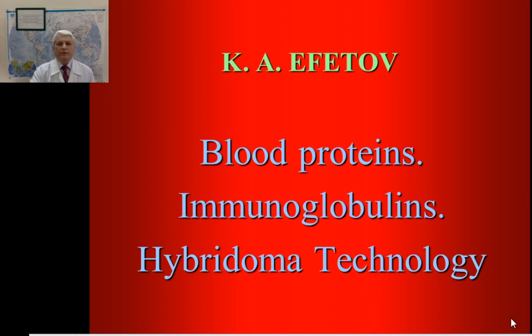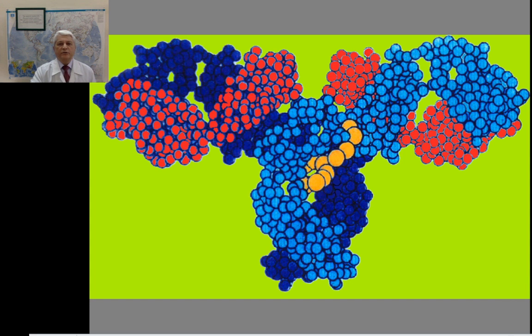On the picture you see the structure of the molecule of immunoglobulin G. On this example we shall study the structure of all immunoglobulins. You can see that this is a very large molecule. Each small ball, shown here in red, blue, light blue colors, is an amino acid.